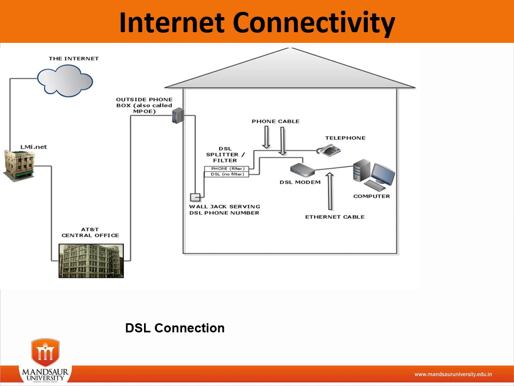The box outside is called MPOP. Inside, it is connected with the DSL modem through the telephone lines. These are the telephone cables that are to be connected, and from the modem there is a connection with the Ethernet. So this is the diagram for that.